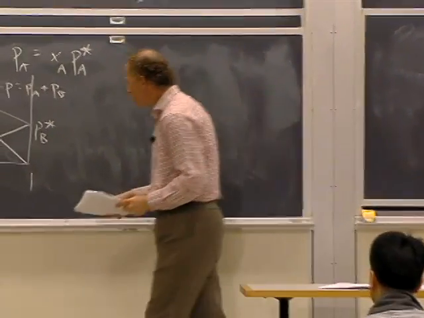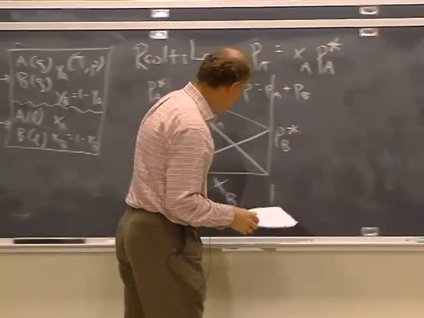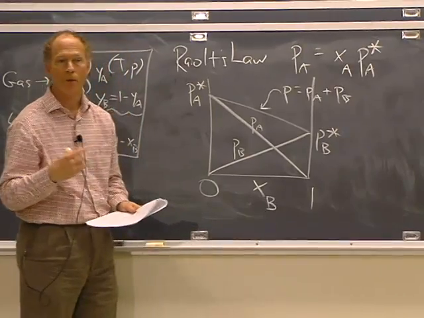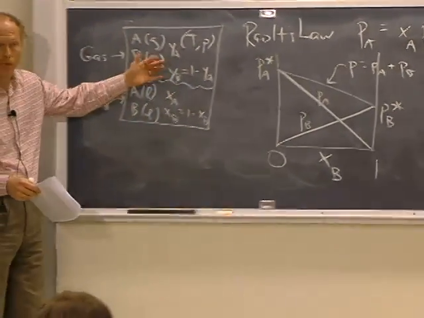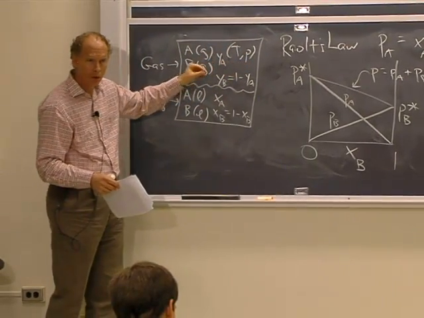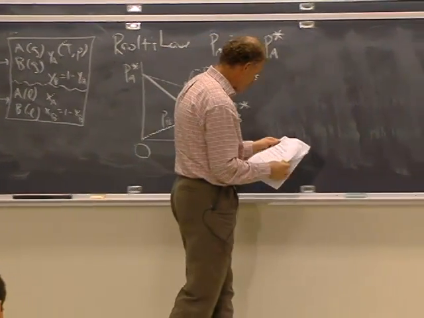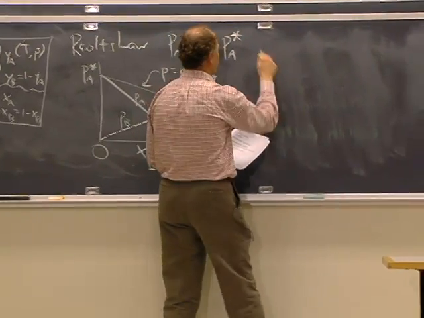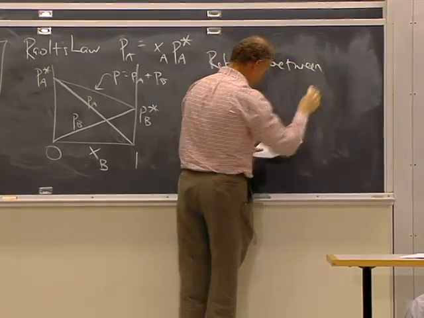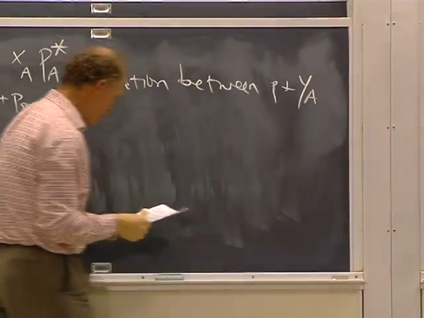Then you started looking at both the gas and the liquid phase in the same diagram, right? So this is the mole fraction of the liquid. Now we should be able to determine the mole fraction in the gas as well, right? Again, if we know total temperature and pressure, everything else must follow. And so you saw this worked out, the relation between P and YA, for example.